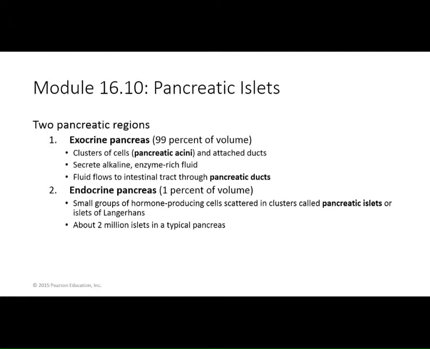The exocrine function, what we're not going to be talking about much today, is what 99% of the pancreas is doing. Most of what the pancreas is doing is related to your digestion, releasing enzymes related to overall digestion of products. And those products dump into the intestine as soon as food comes through your stomach.